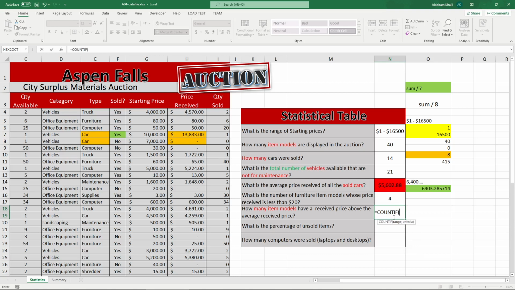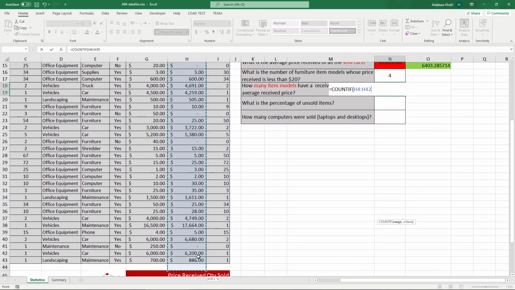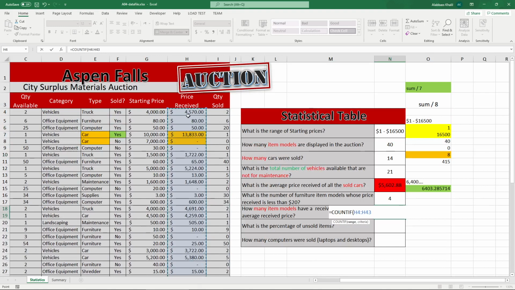Have a price received above the average received price. Okay, so my range is the price received. Why? I'll only count the items if their price received was bigger than the average price received. So this is my range. And I'm saying I want it to be bigger than the average price received.